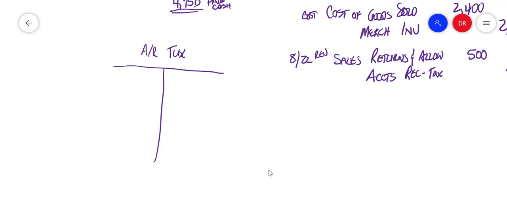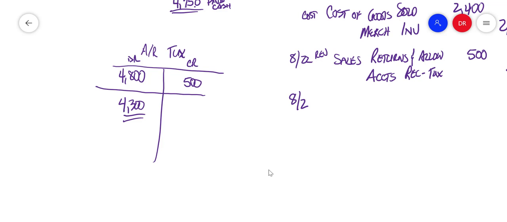Originally we sold them $4,800 worth of goods. But we gave them an allowance because there was a problem with the shipment for $500. So the net balance for Tux is $4,300. And with Tux, they don't have any discount available. So this is the amount we're going to record on August the 29th.